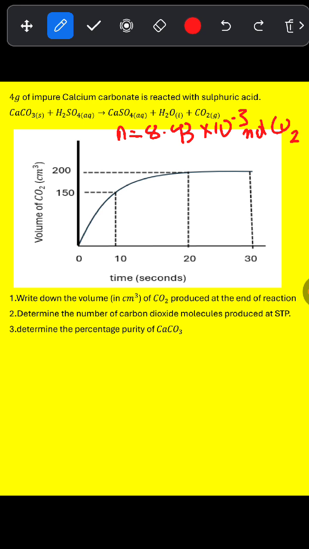Right. Now let's look at the question. It says to us, determine the percentage purity of calcium carbonate. All right.